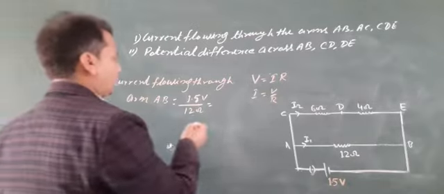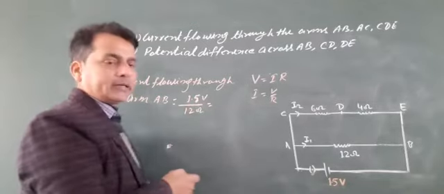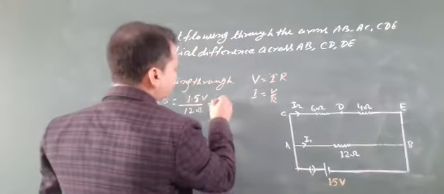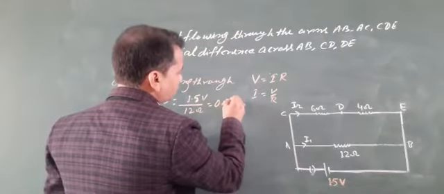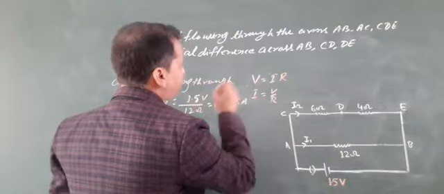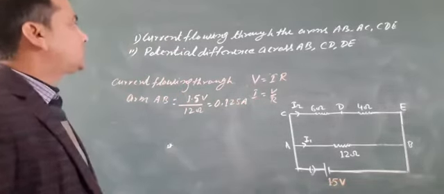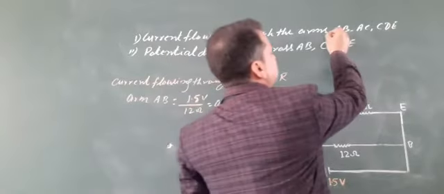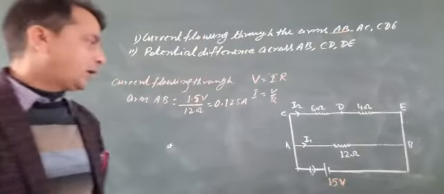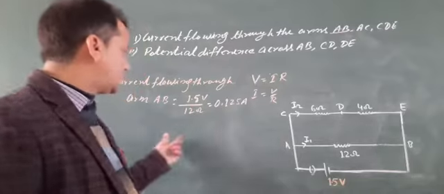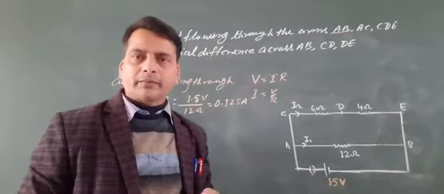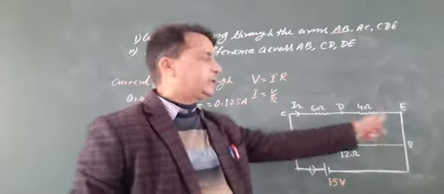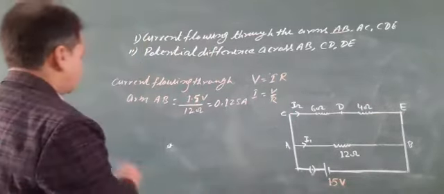Now we calculate 1.5 divided by 12, that is 0.125 ampere. So the current flowing through the arm AB, that is I1, is 0.125 ampere, and next is the current flowing through the arm CDE.